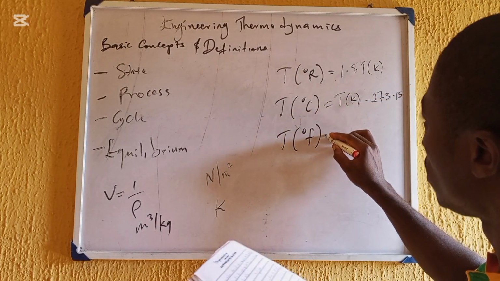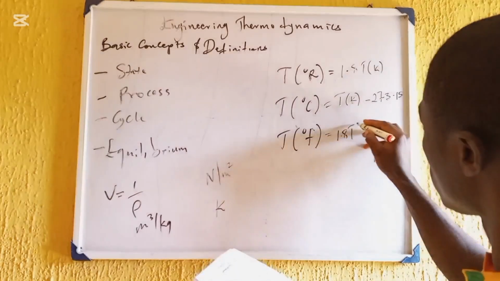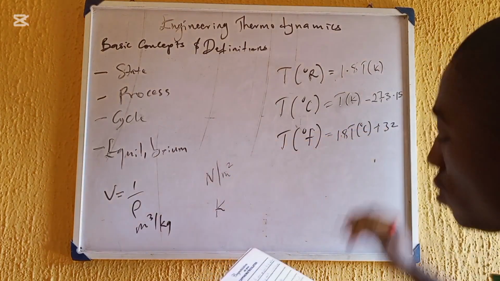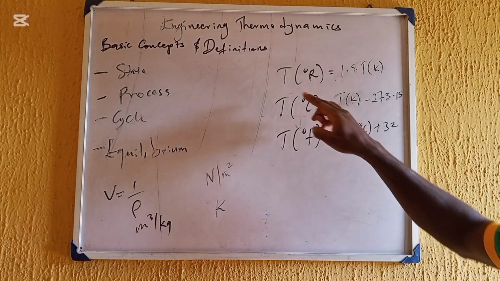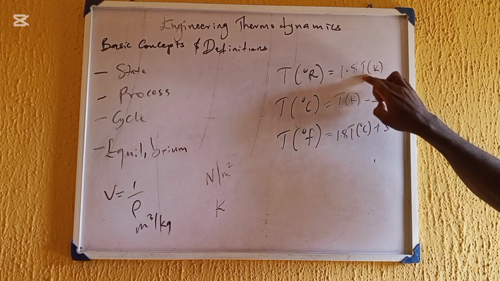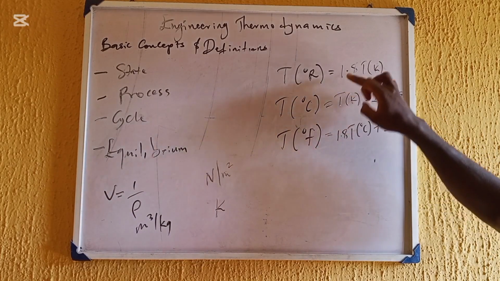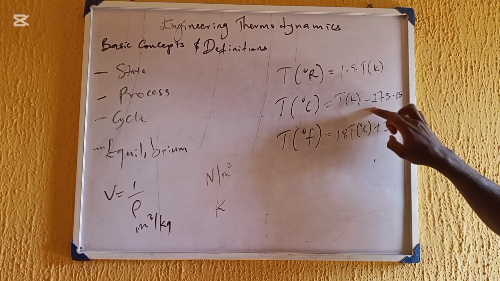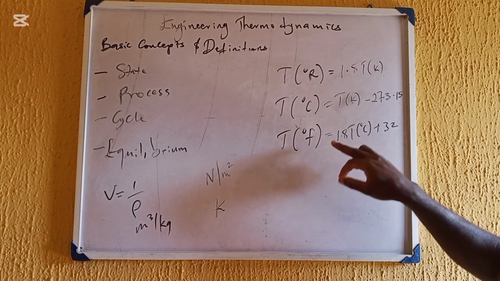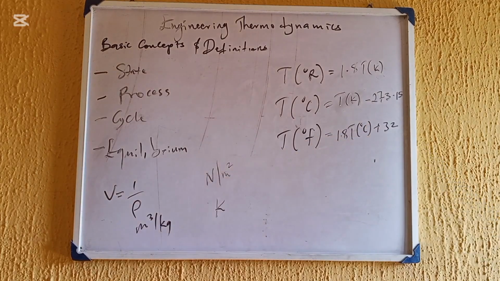Then this is equal to 1.8 T in degrees Celsius plus 32. So you can see the relationship. T in degree R is equal to 1.8 T in Kelvin. T in degree C is equal to T in Kelvin minus 273.15. Then T in degree F is equal to 1.8 T in degree C plus 32.